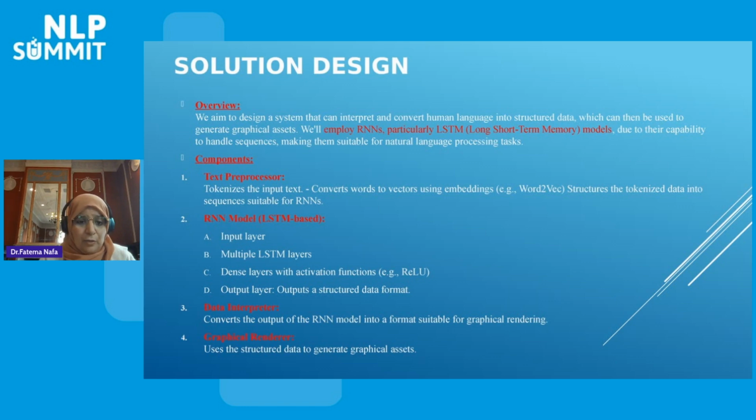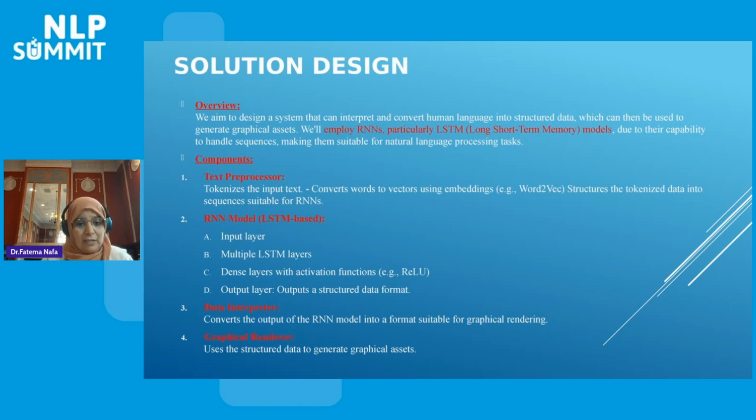Now, as the main components, without any technical details, the first one we use here is the text preprocessor, which handles tokenization of the sentences, parsing the sentences, cleaning up the text, and using specific models built in Python. The second component is the RNN model, which is the recurrent neural network model, LSTM.